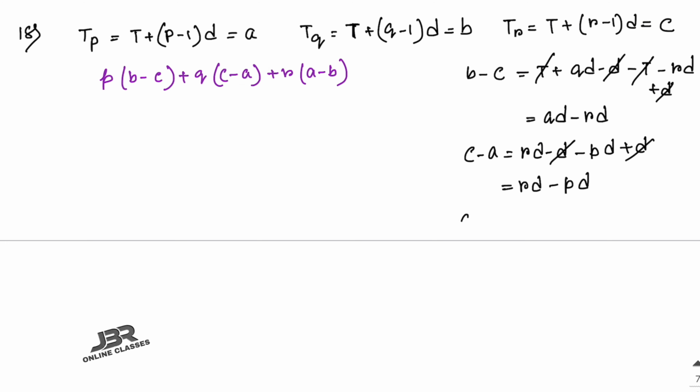And the last one, A minus B, is PD minus QD. Now put down the values.